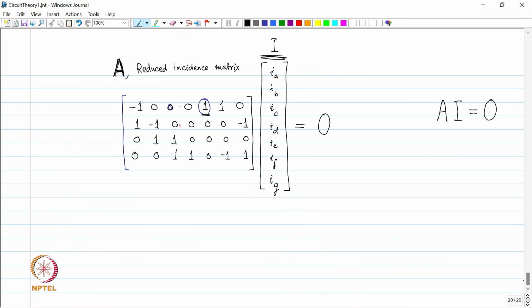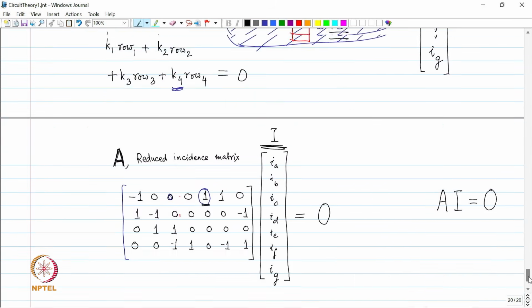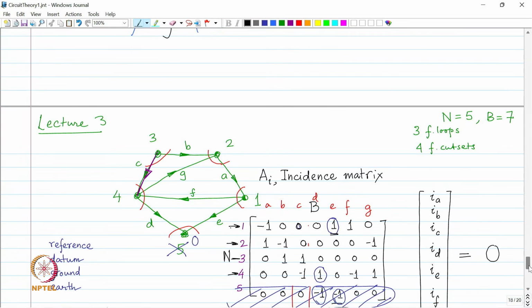All right. So, now this is my setup. Now, we are going to define the voltage at each of these nodes.